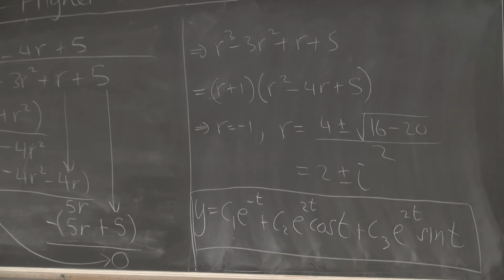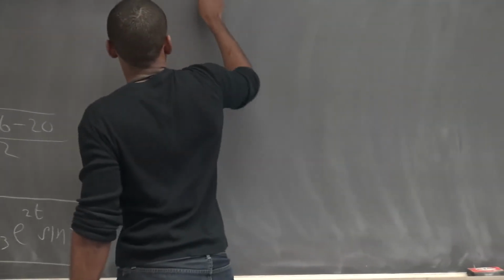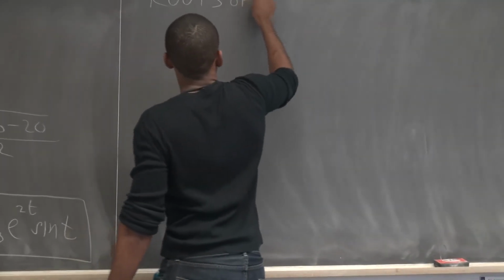Now, the last case we're going to talk about is one you probably haven't seen. Even if you've done complex numbers in high school, you probably didn't see this. Maybe you did. But this is probably new, so I put a bunch of examples on this one. The last case you'd notice is the roots of unity.